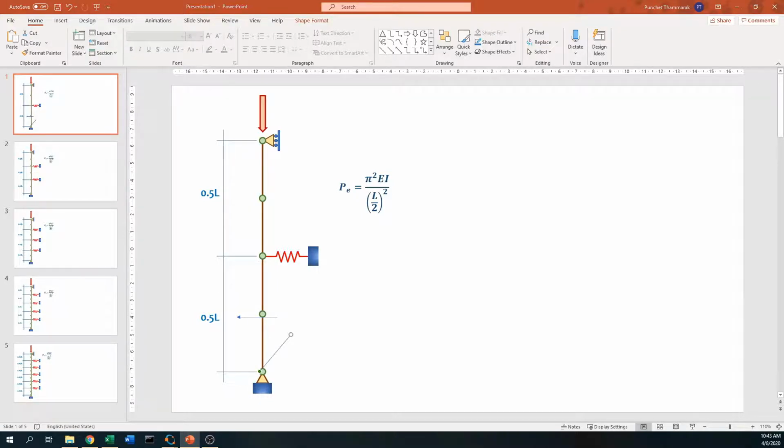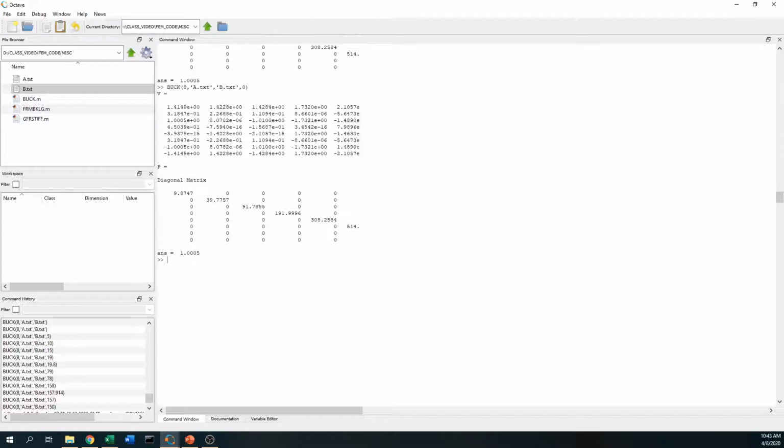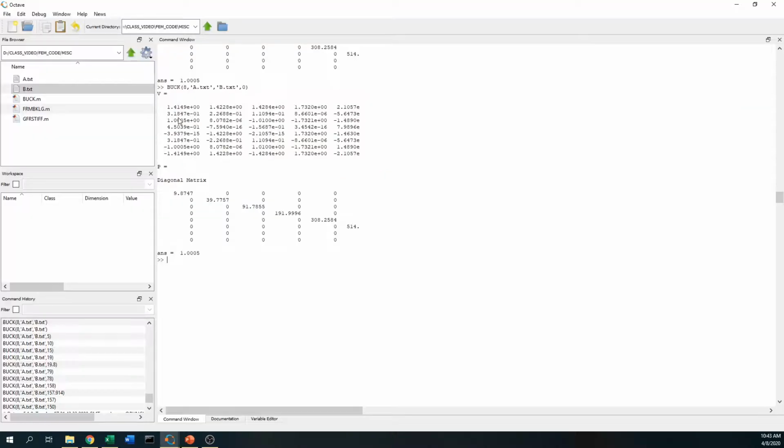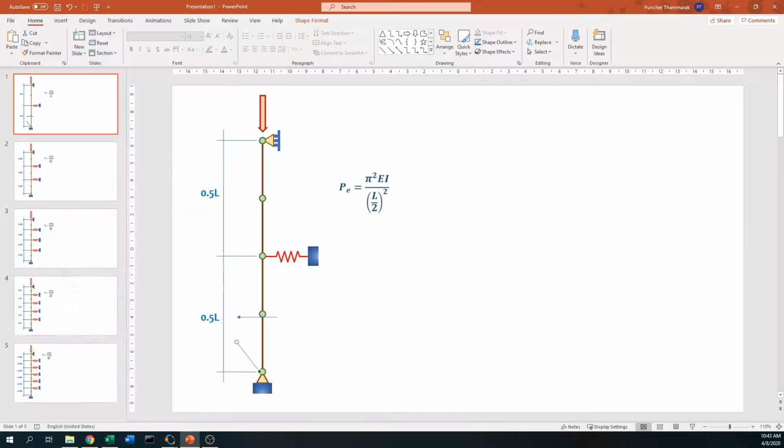Sorry, positive. Oh, okay, positive slope. Displacement 0, rotation positive, displacement negative going to the left, and then rotation still positive, but less than this rotation. So it is positive but not as much.